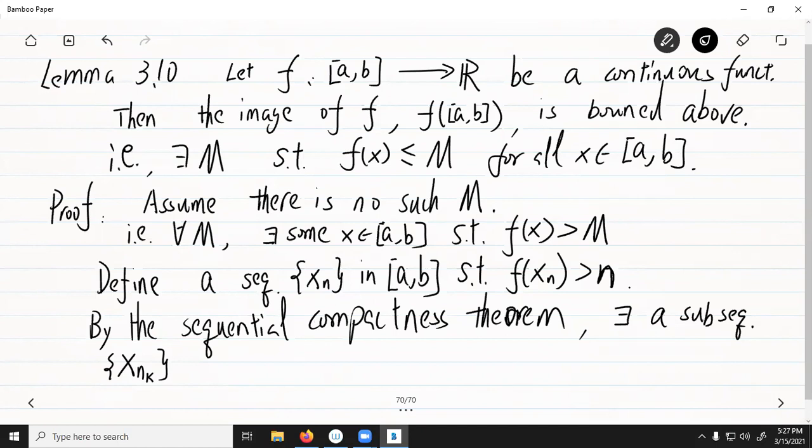So we must have a subsequence that converges to x0, where this x0 must be inside this closed interval.